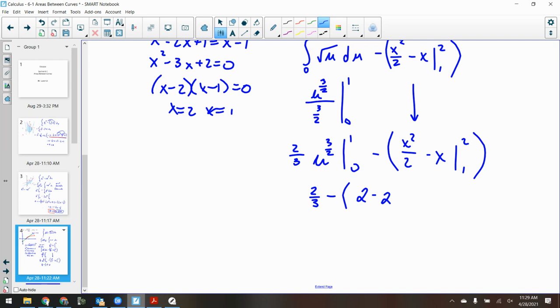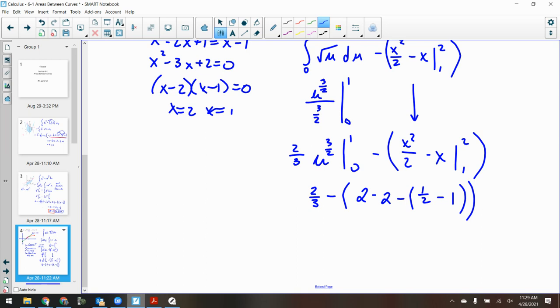I did something way confusing. I combined it now. Oh, that's right. I'm good. Sorry, I was looking at the wrong piece. I was like, how did I get 1/2? Duh, it's right here. I plug in 1 and I get 1/2 minus 1.